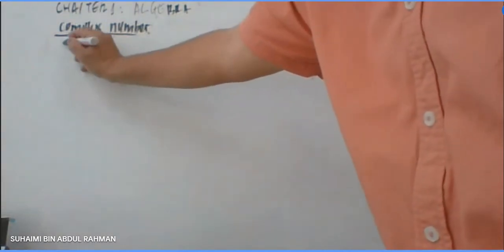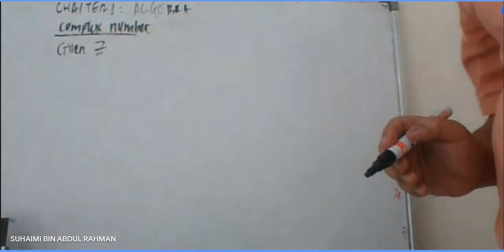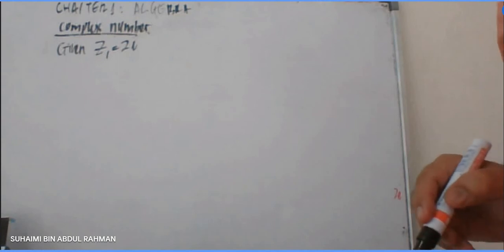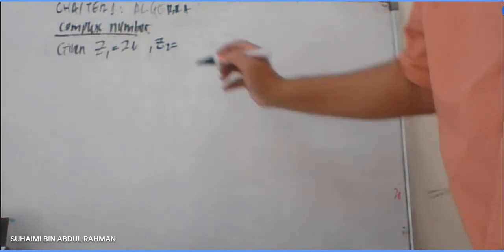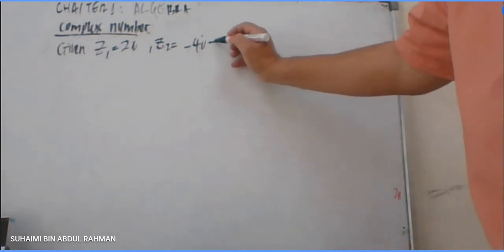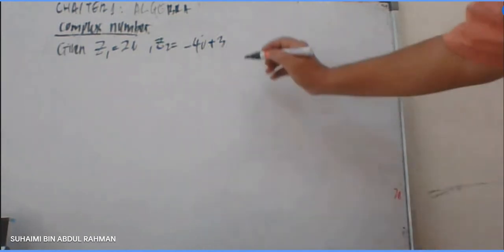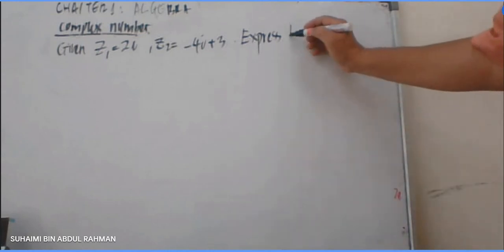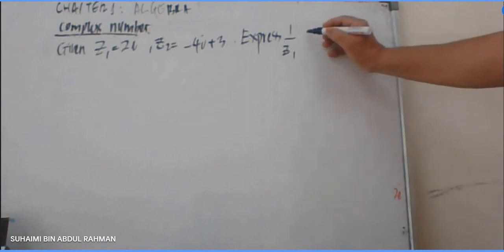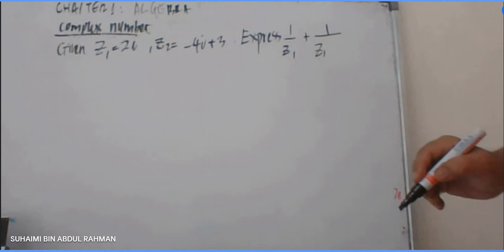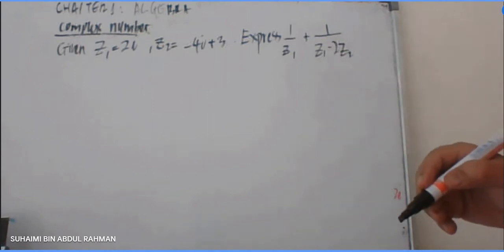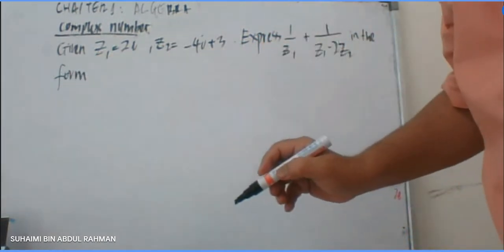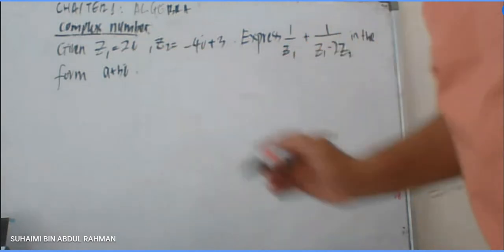And let's say given z1 equal to 2i, z2 equal to minus 4i plus 3, then express 1 over z1 plus 1 over z1 minus 2z2 in the form a plus bi.